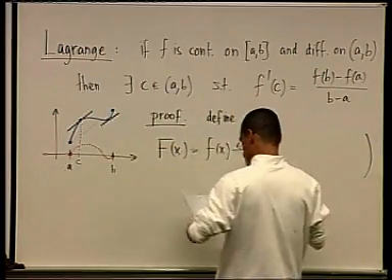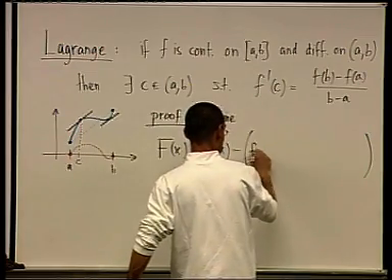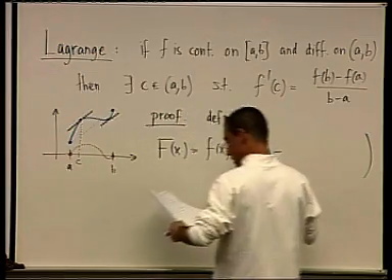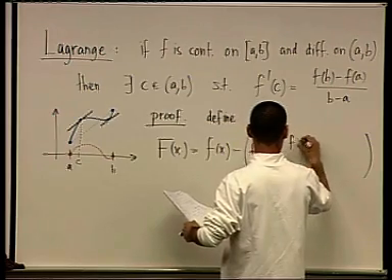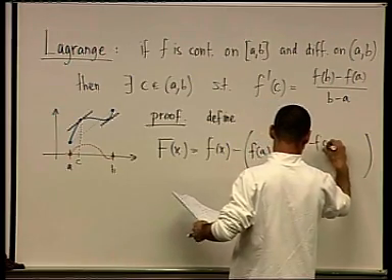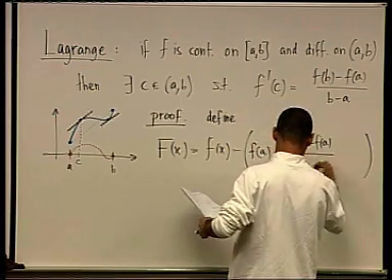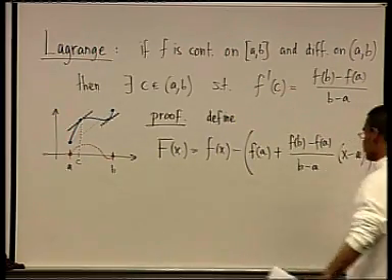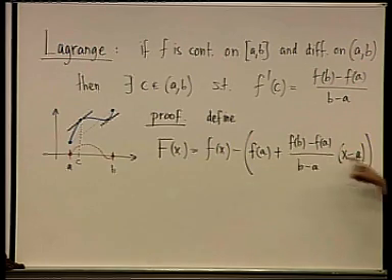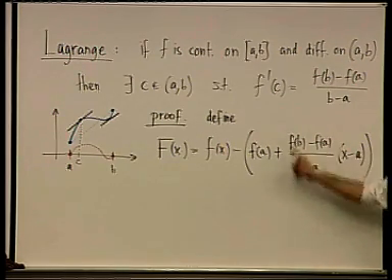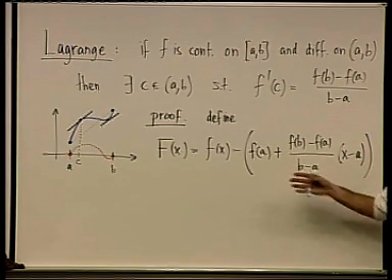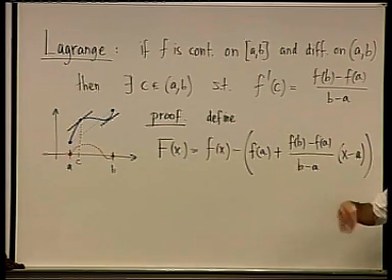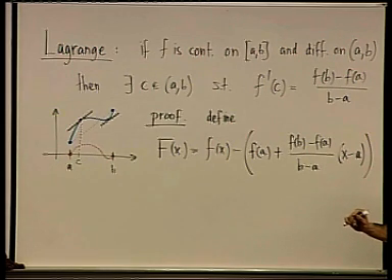Okay, so the formula for that line is f of a plus f of b minus f of a divided by b minus a times x minus a. This is precisely the secant. It's a straight line with this prescribed slope going through the points (a, f of a) and (b, f of b). You can easily confirm it.